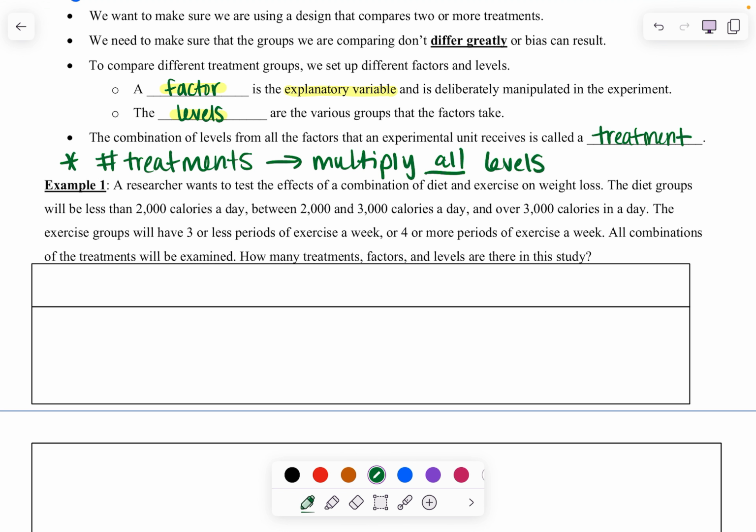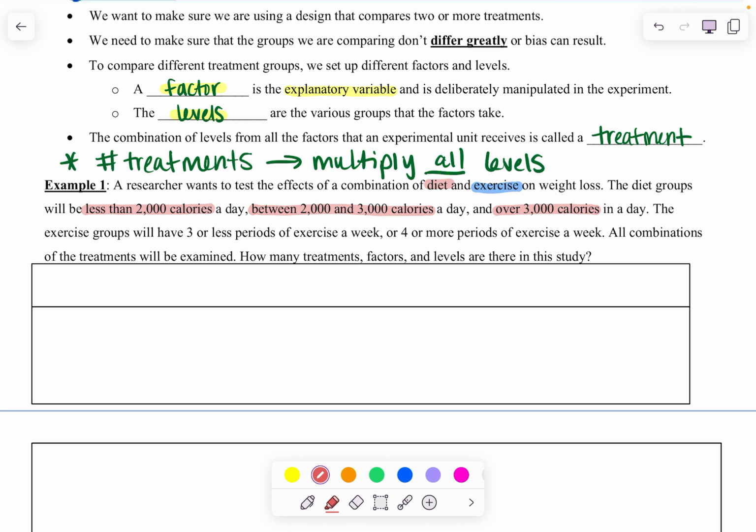In the first example, they tell us they're looking at a combination of diet and exercise. So these two things are my factors. How they're going to break diet down is they have a group that's going to get less than 2,000 calories, a group that's going to get between 2,000 and 3,000, and a group that's going to get over 3,000 calories.